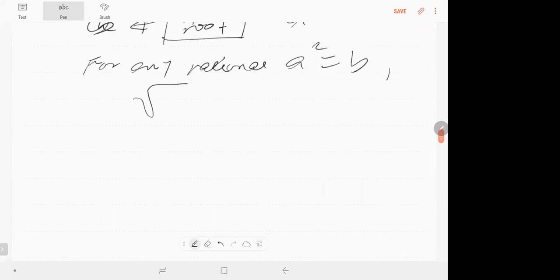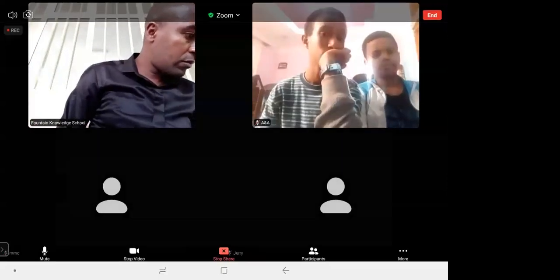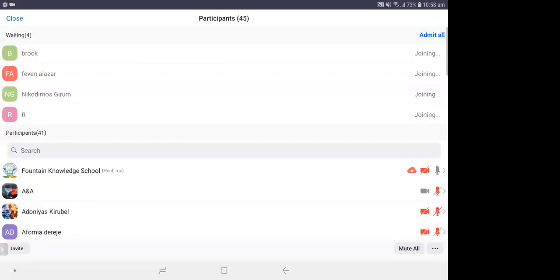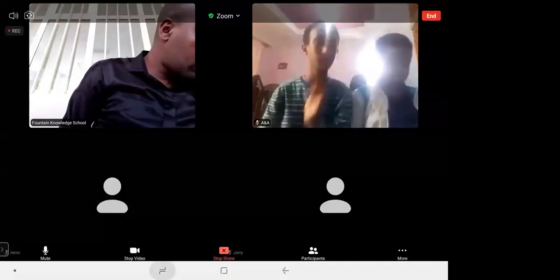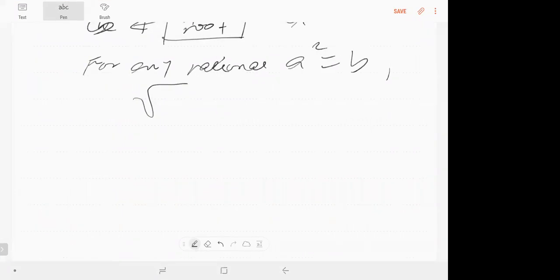So when we write this in symbolic way, we can say the square root of b is a.